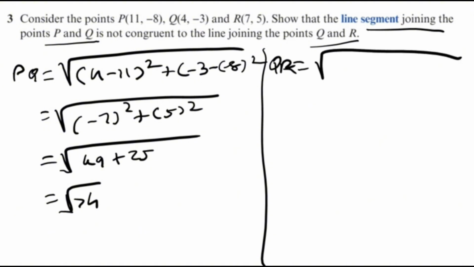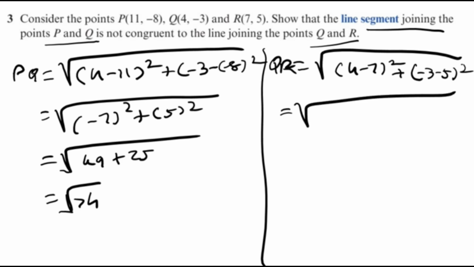Now find the distance between QR. So for QR, x2 minus x1 squared: 4 minus 7 squared plus minus 3 minus 5 squared. 4 minus 7 is minus 3 squared, plus minus 8 squared.